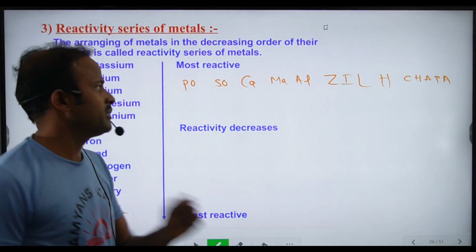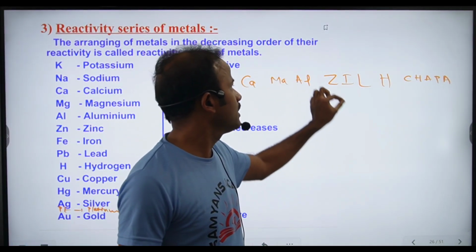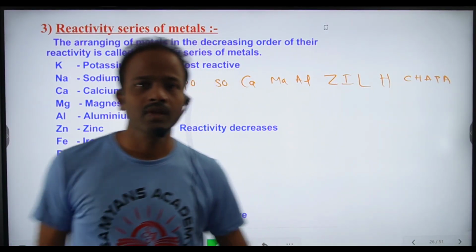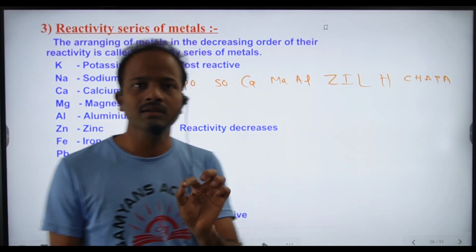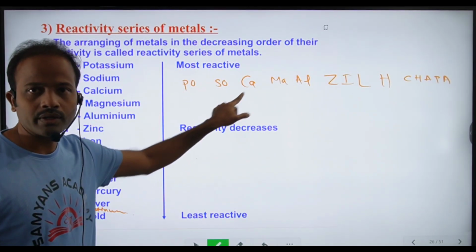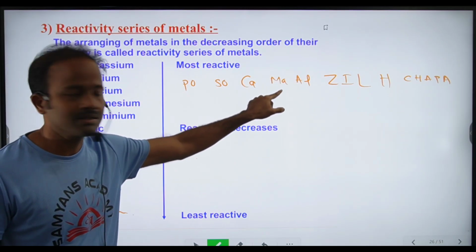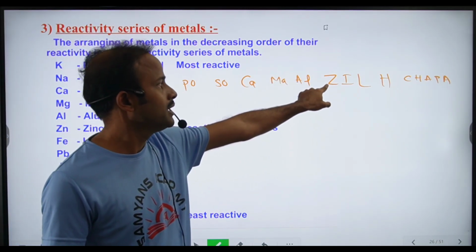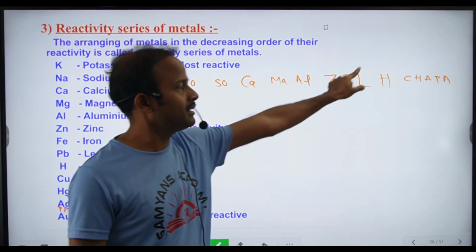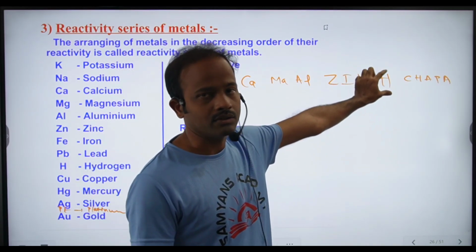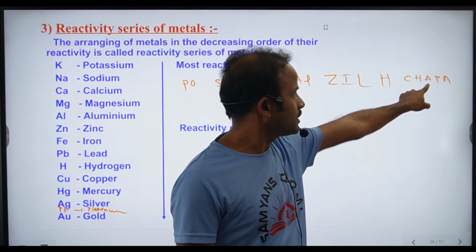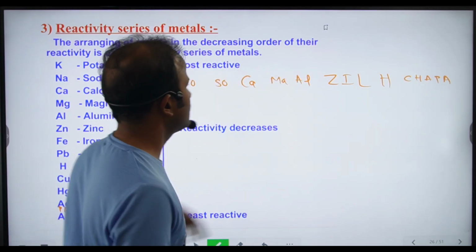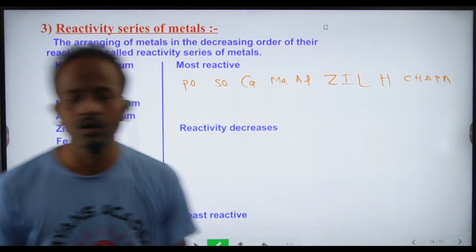Then you have to remember like this: Posokama Jil H chopper. Po means potassium, So means sodium, Ka means calcium, Ma means magnesium, A means aluminium. Jil is zinc, iron, lead. H is hydrogen. Chapa is copper, hydrogen, and what is that? Silver and platinum. Next gold will come.